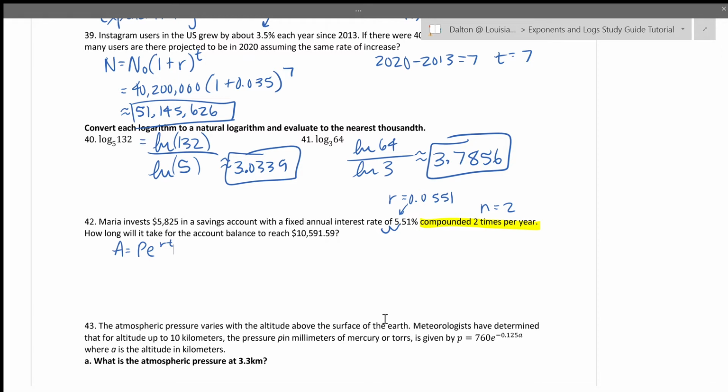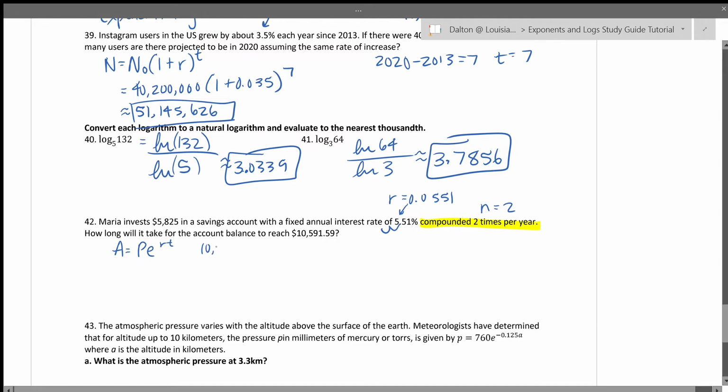So if I substitute in that value, 10,591.59 for A equals, oh man, it's too late, equals your principal value or your initial investment, which is $5,825, times e to the rt, again the rate. I hope I didn't just throw you for a loop, or if I did, I apologize, and I hope you take it back with me.